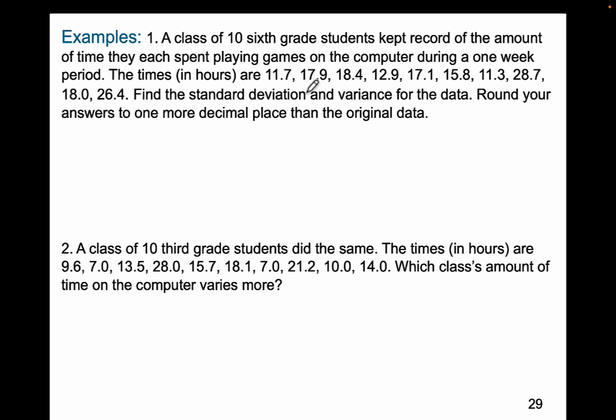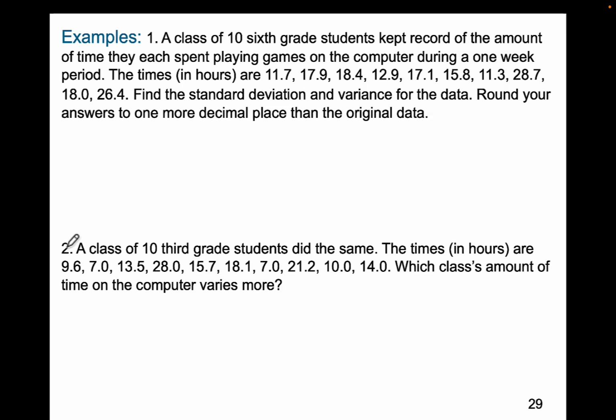We're asked to find the standard deviation and variance for this set of data. So we're going to find how far this data deviates from the mean. We'll square that value to get the variance of the data. We're being asked to round our answers to one more decimal place than the original data.